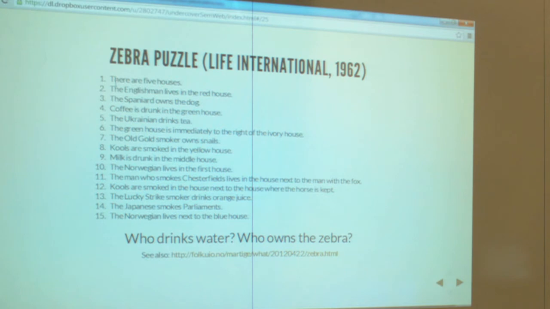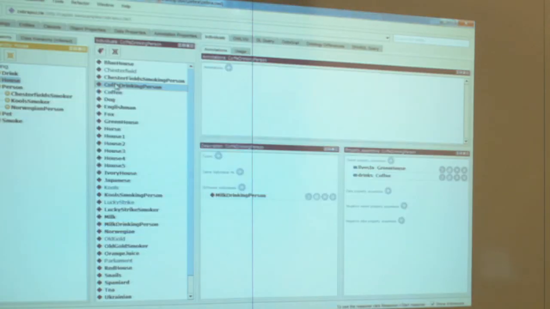Just a couple of other examples before we run the reasoner. Well, let's take a complicated one. Let's take 11. The man who smokes Chesterfields lives in the house next to the man with the fox. It turns out this is also quite doable, but we need to create an auxiliary class for that.